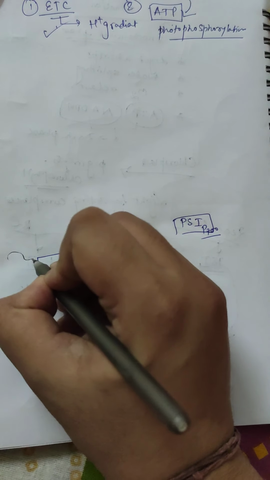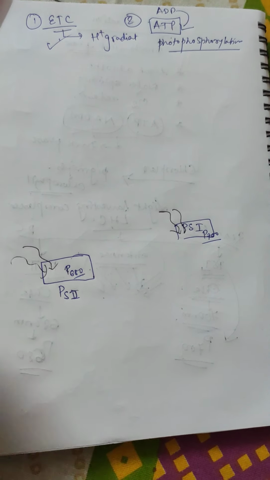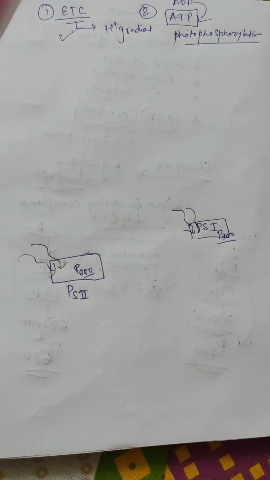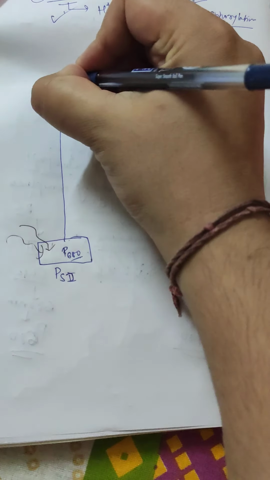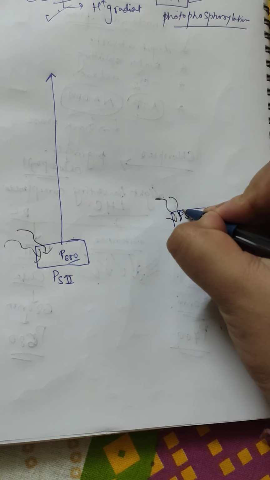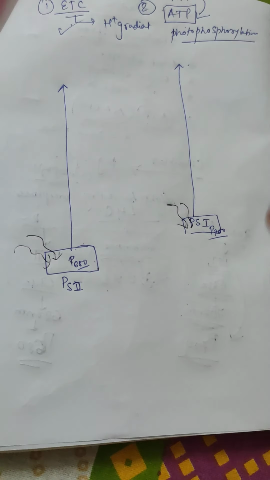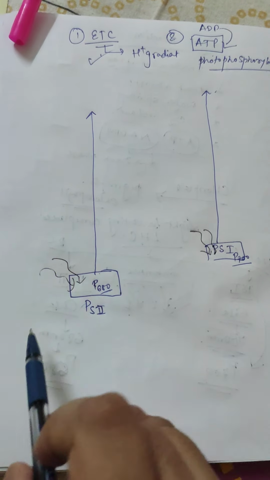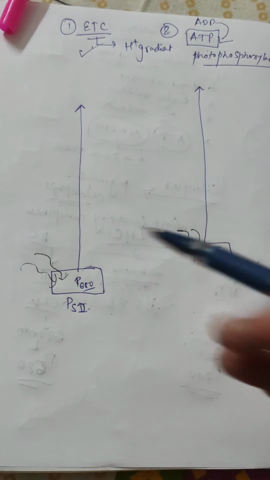Now both of them absorb photons. So in the presence of light, their energy level increases, like this. If this was their ground state, their energy level increases.